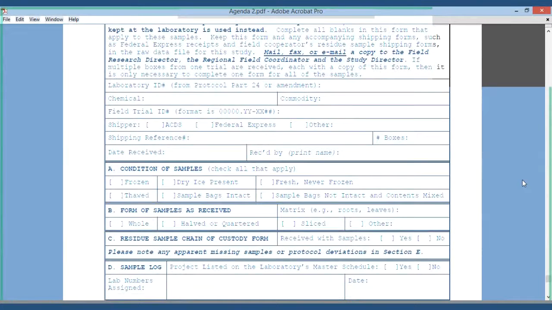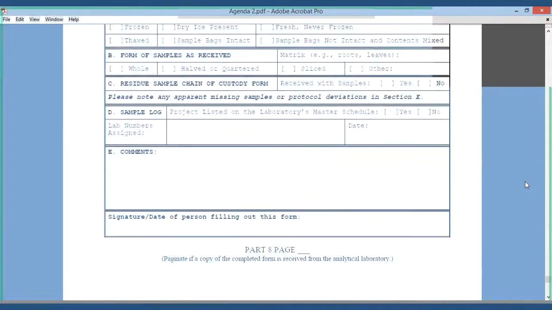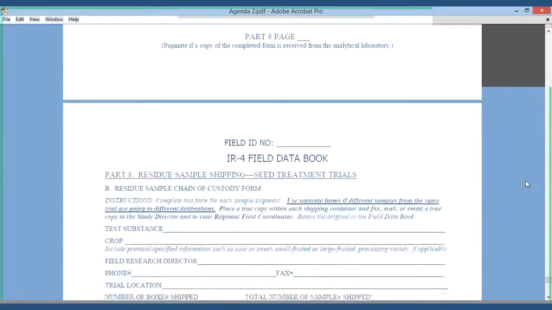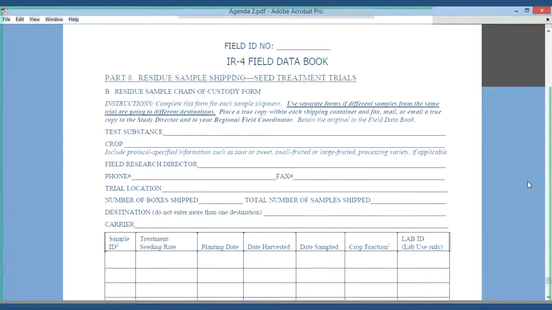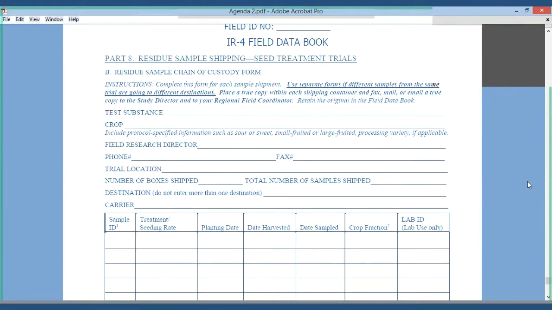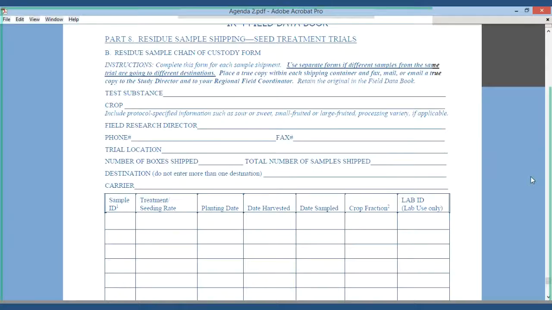Okay. Next page, please. So this is the same page, but you would want to use one for your control samples and one for your treated samples.